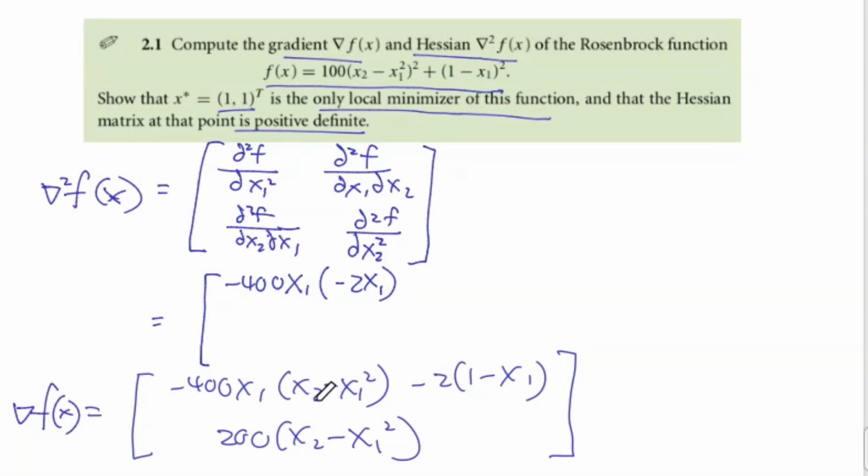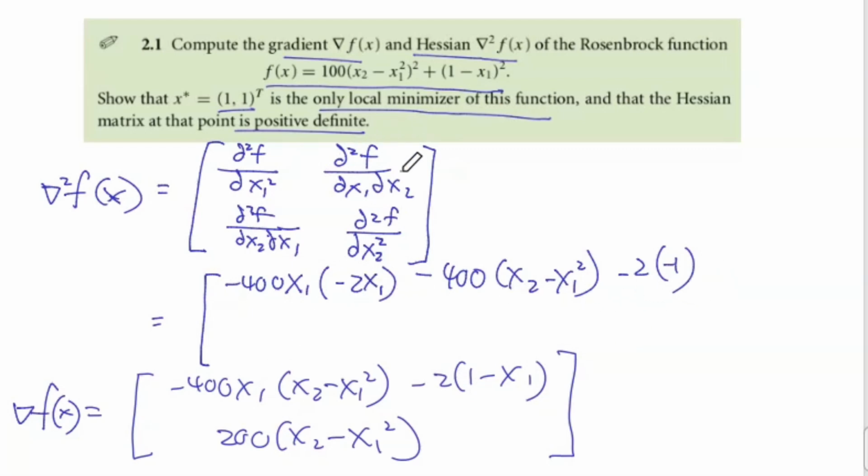Derive this one we get 0, this one we get negative 2 s1, minus 400. This term, we keep this one, we derive this one, we have negative 400 times (s2 minus s1 squared). And this one we derive, we get 2 times negative 1, negative 1. So this is for the first term.